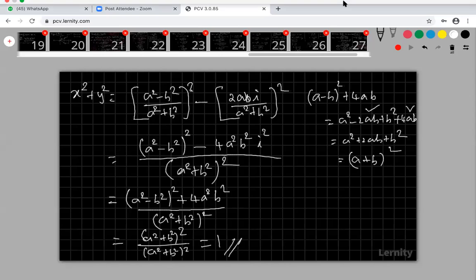Are you clear? Please try to understand and copy that. If you have any doubt, please ask me, I will explain.